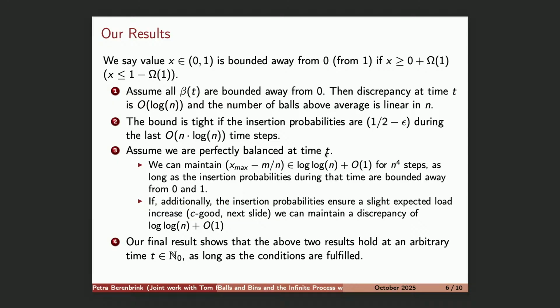And to compare these two results, in the first result I basically said that the discrepancy, the maximum minus m over n, is in log n. And m in that case is the overall maximum ever. Okay, and in the second result, I look at the discrepancy, and the discrepancy is the load at that point of time minus the average at that point of time.